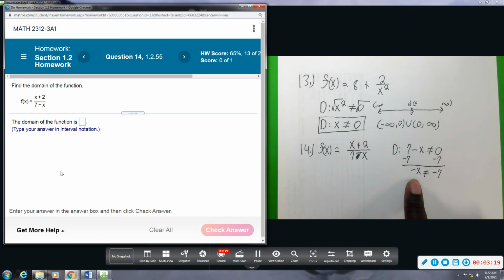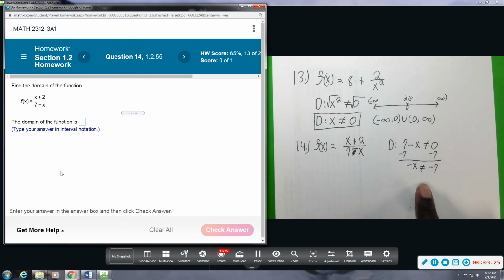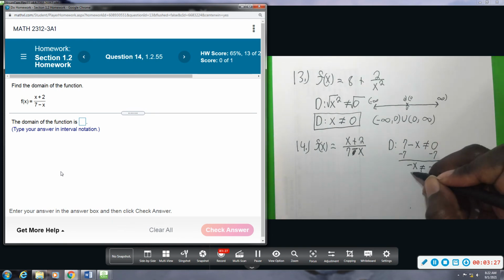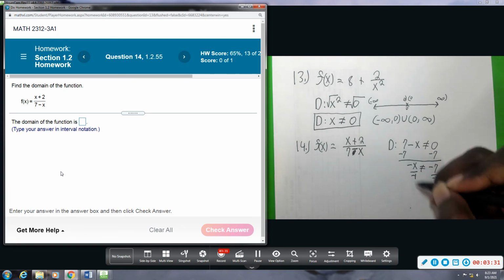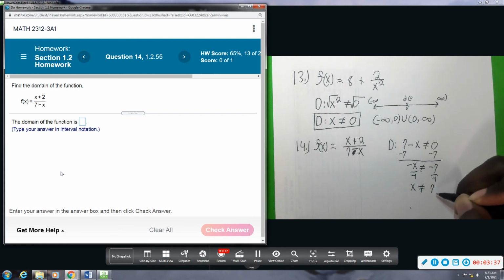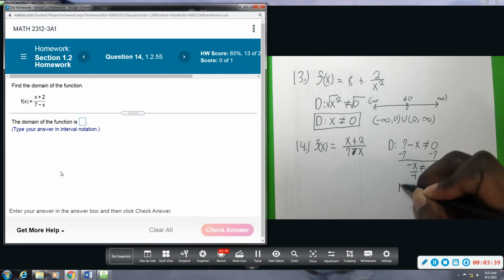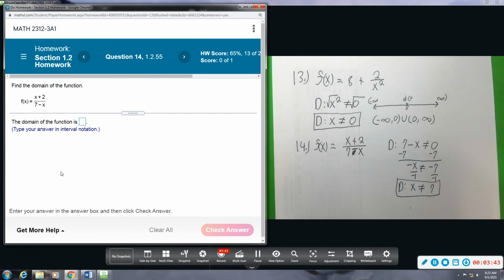So we need to divide by -1, or you can say multiply both sides by -1. So I'm going to go ahead and say divide by -1 on both sides, and that will leave me with a positive x cannot be equal to, negative divided by negative is a positive, 7. So your domain in this case is x cannot be equal to 7.